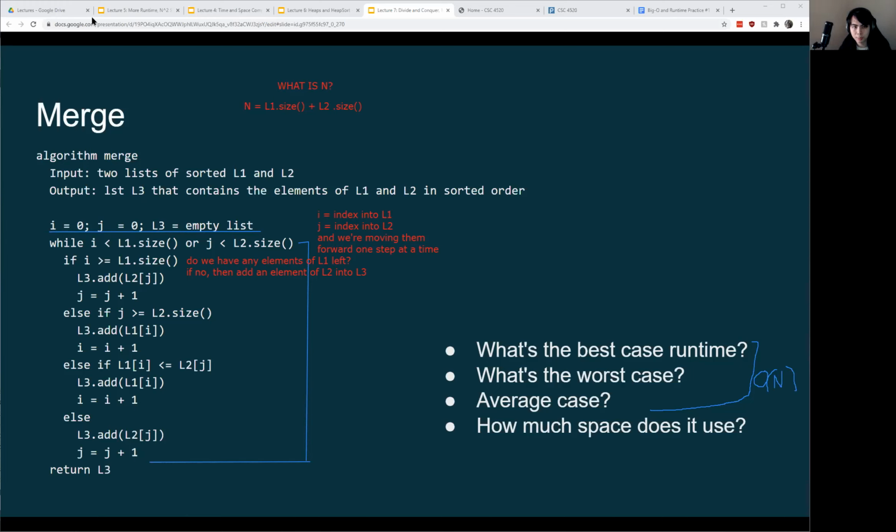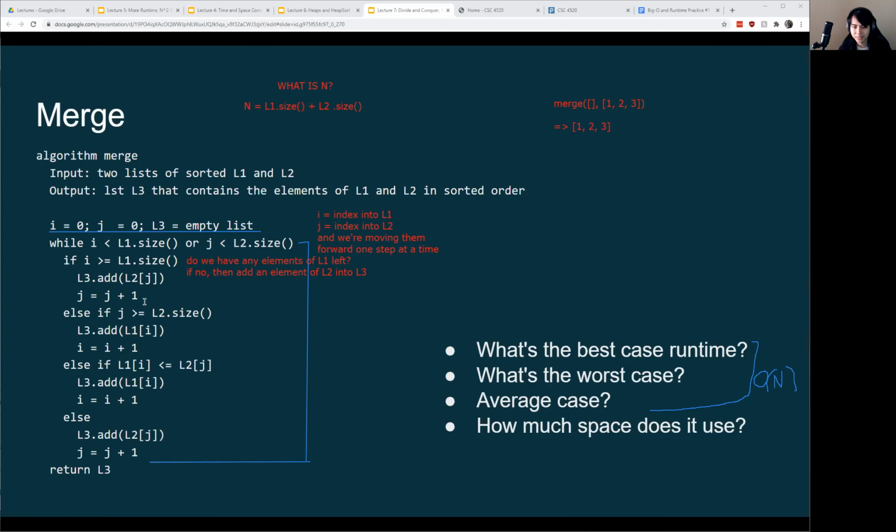You can imagine, for example, if we said merge on the empty list and then 1, 2, 3, what we would want the result to be is 1, 2, and 3. And so this code is saying the first list is empty now, or we ran out of elements in the first list, so just blindly add from the second list and make the J index go up by 1 each time, and so on.